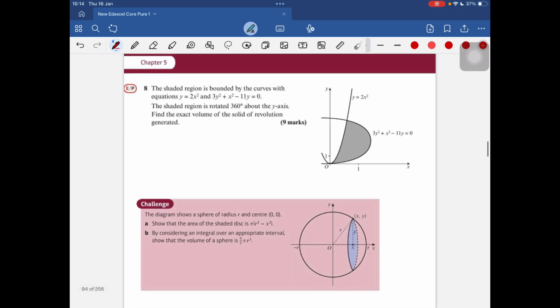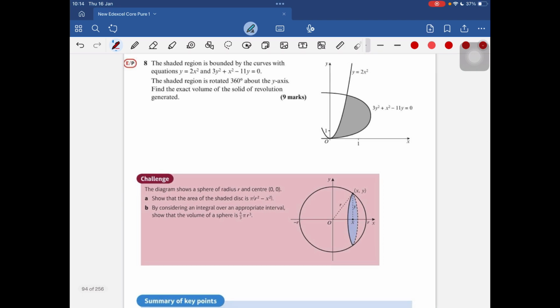Number 8, the shaded region is bounded by the curve, rotated 360 degrees about the y-axis again, find the exact volume. So we need to find the intersection point first. So x squared is y over 2.